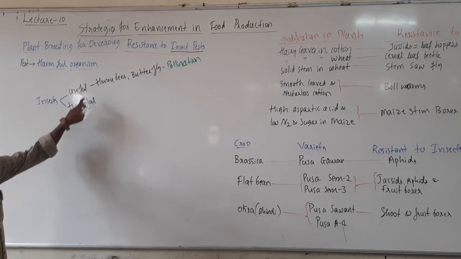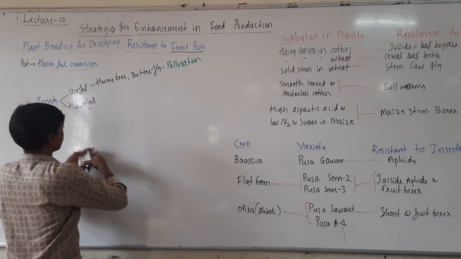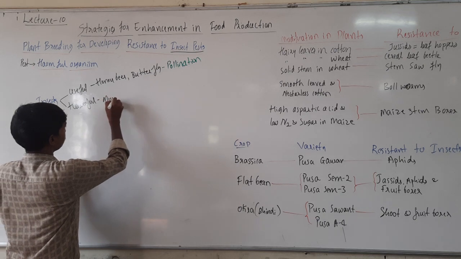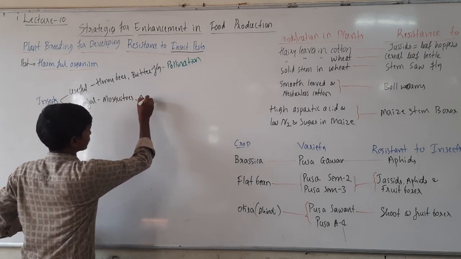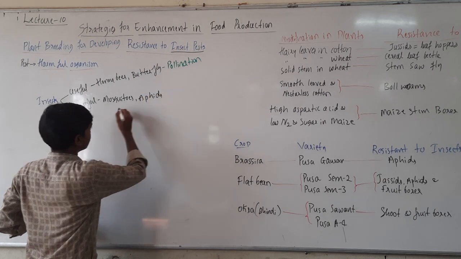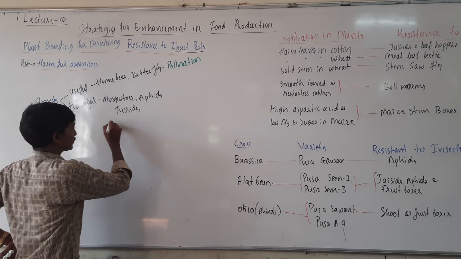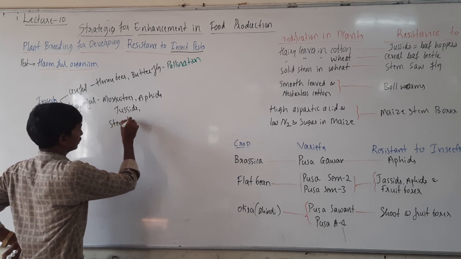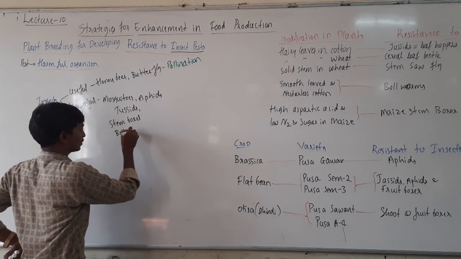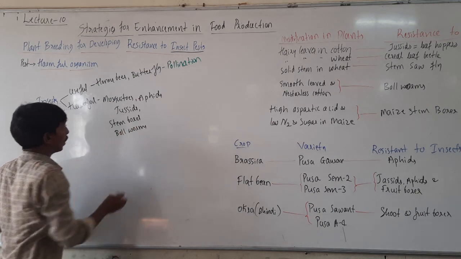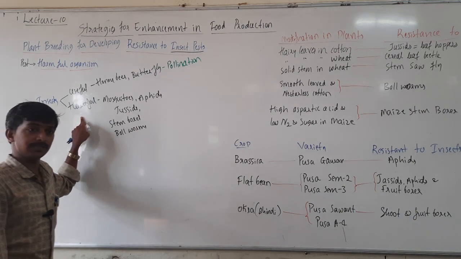Instead of useful ones, there are many more harmful insects like mosquitoes, aphids, jassids, stem borer, bollworms. All these insects are harmful for the crop plants.